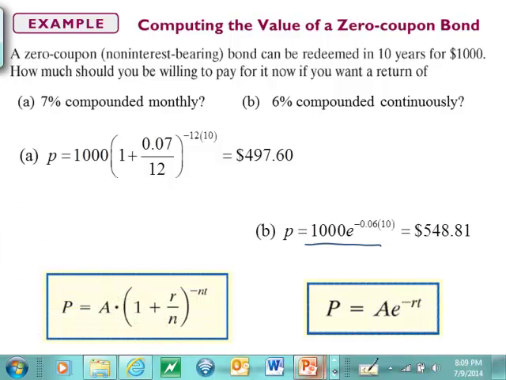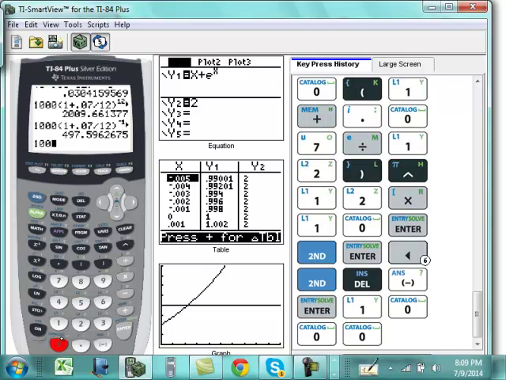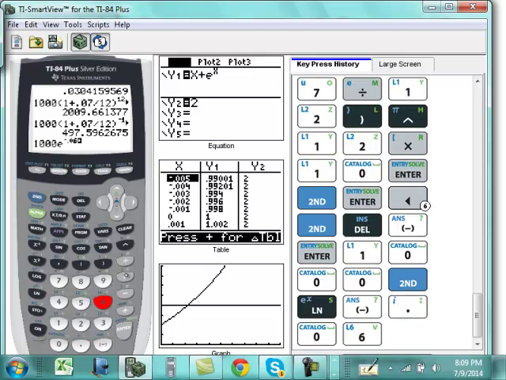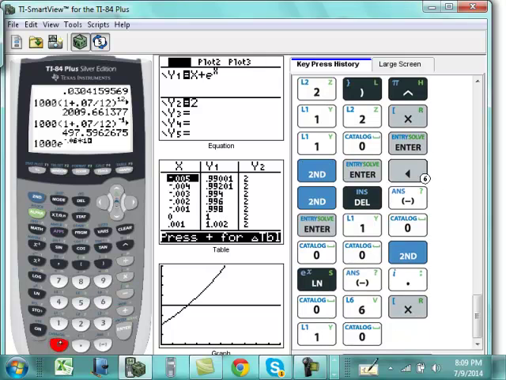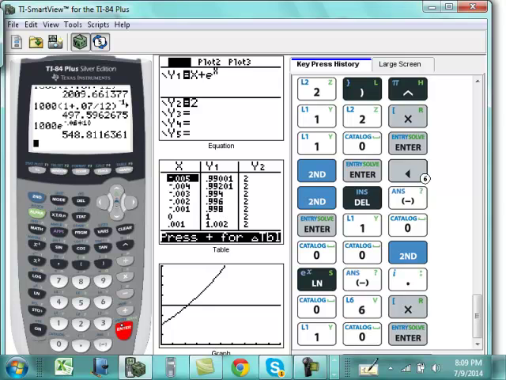So we have 1,000 times e raised to the negative 0.06 times 10. And if we did it right, we had $548.81.